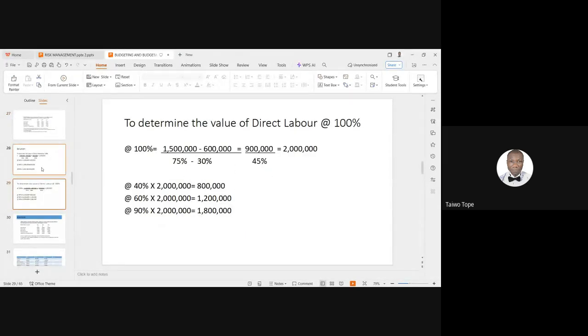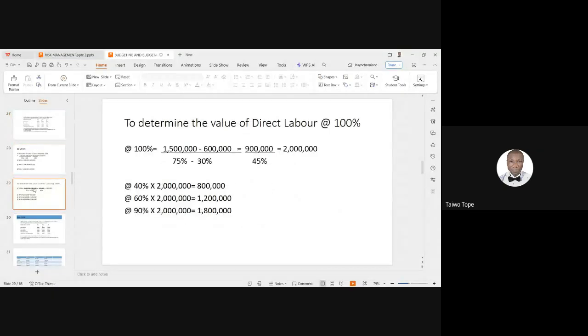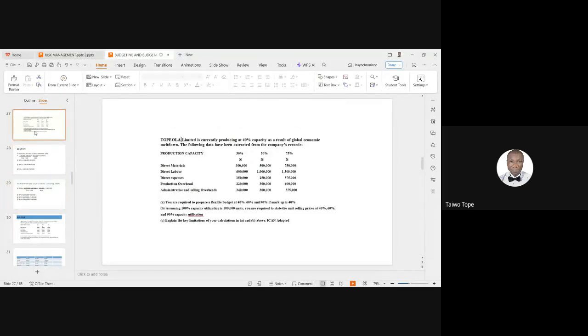At direct labor, based on the question, at 40%, 60%, 90%, we've determined what the direct labor will be. We are now left with the direct expense. This is clearly a variable cost.